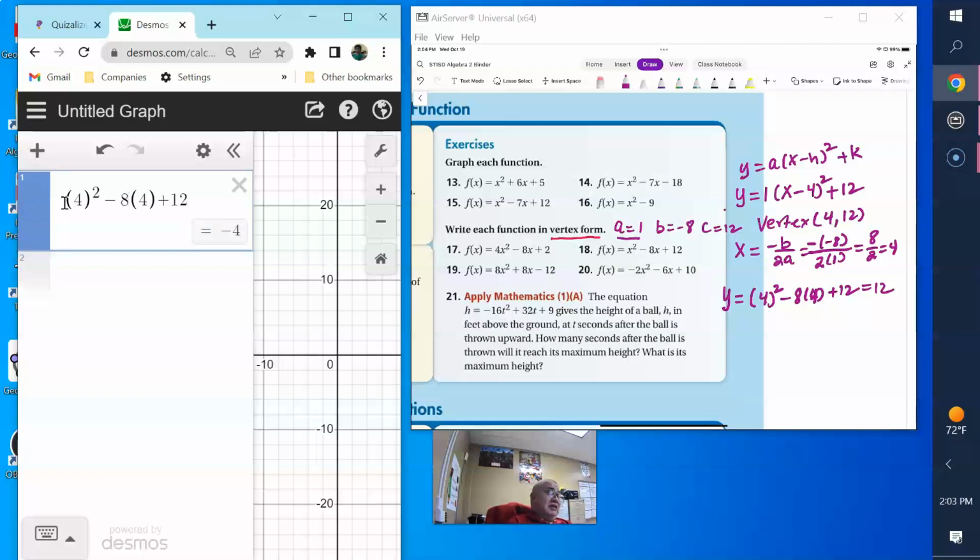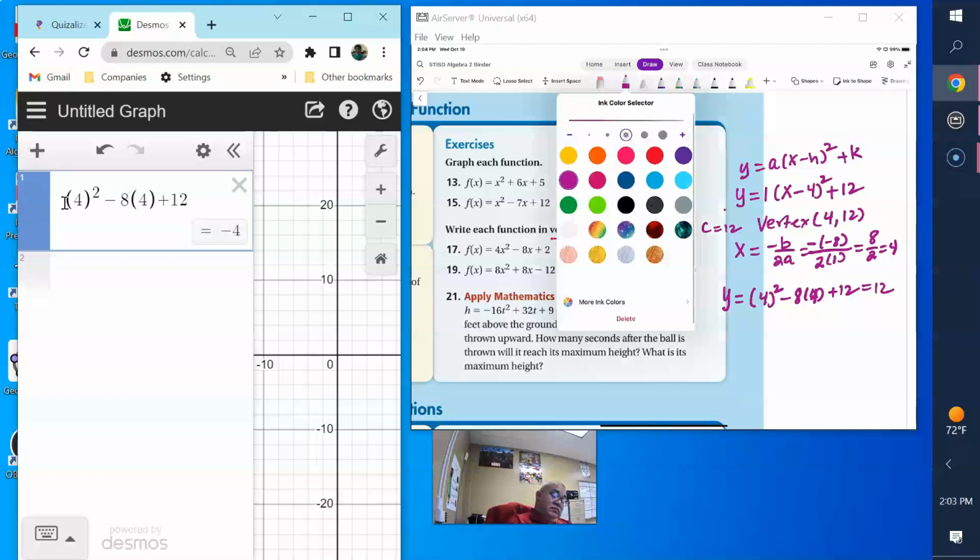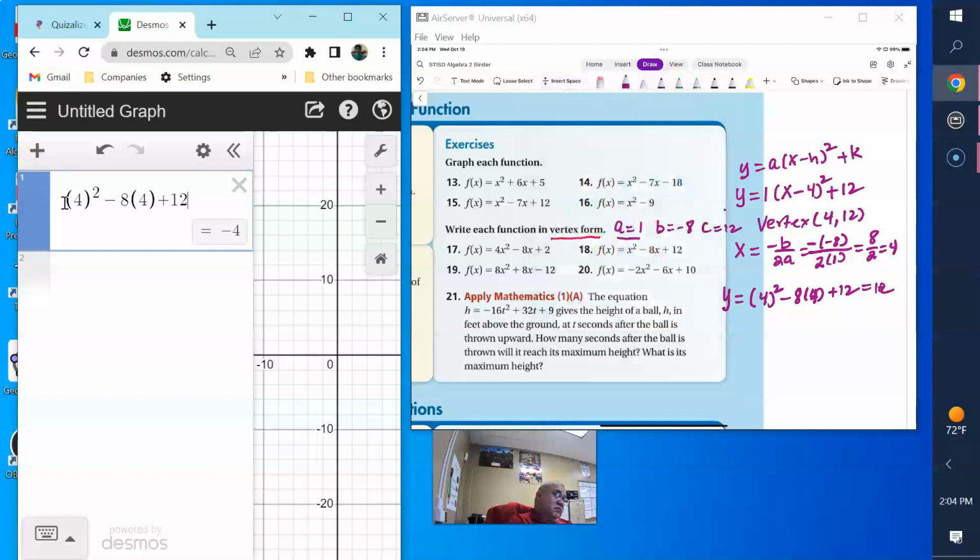So it's actually negative 4. So let me go ahead and erase that. It's actually negative 4. So k is actually minus 4. So let me go ahead and graph that again.